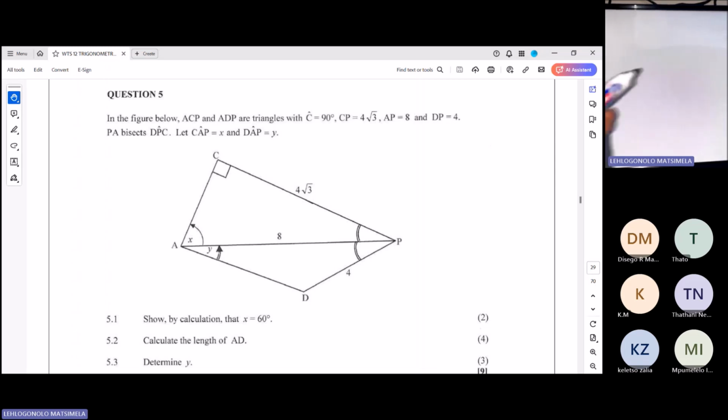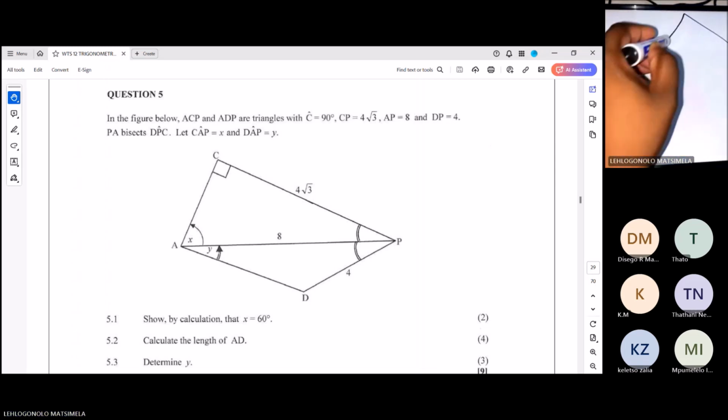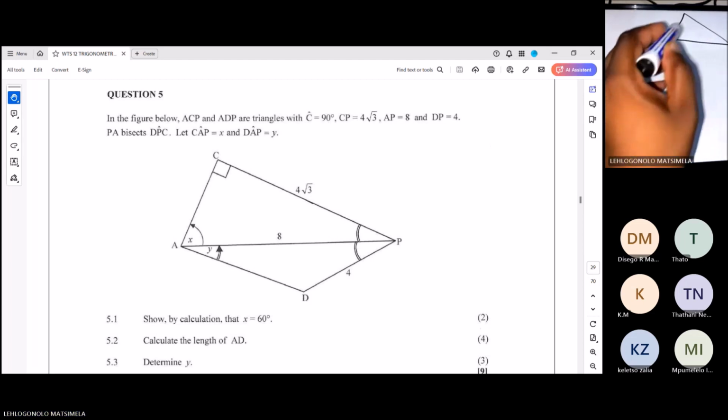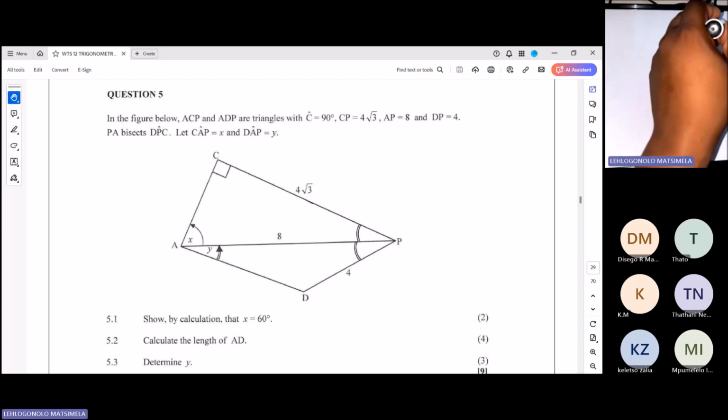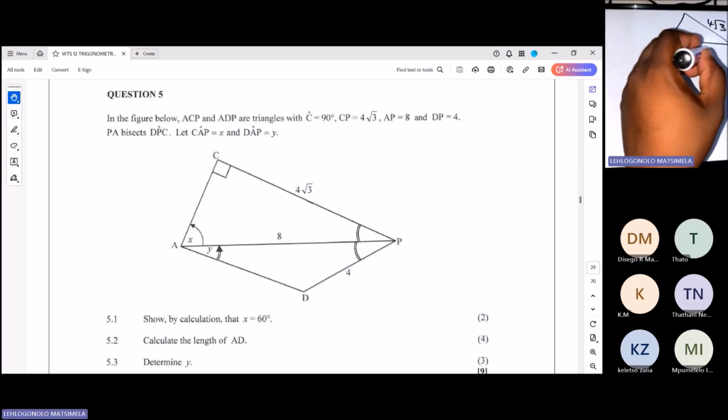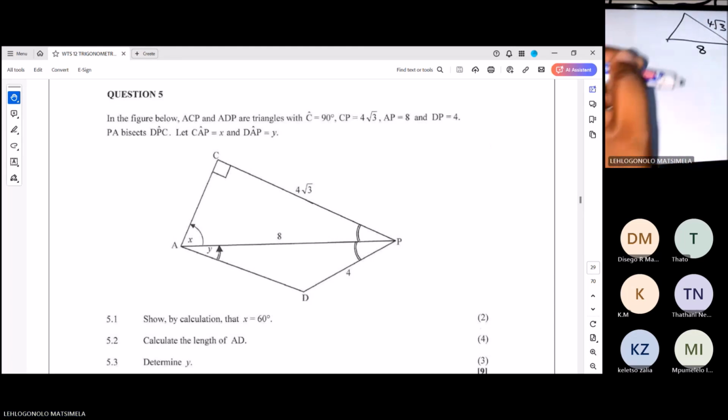So now we are having a triangle given there. Let me copy it down with 4 root 3, and also we are given 8. Okay. Let me use, which one should I use?